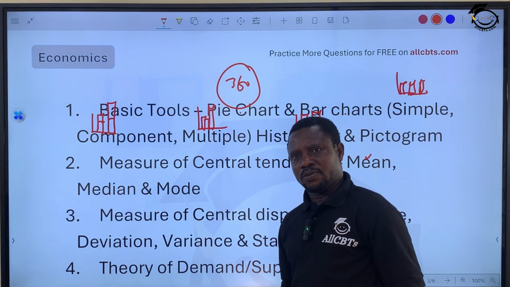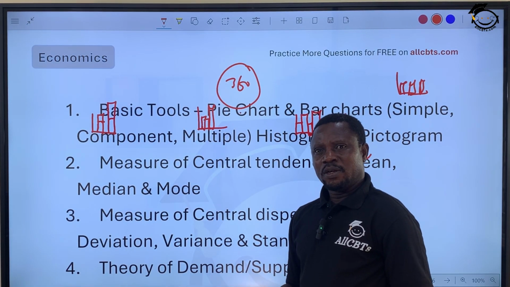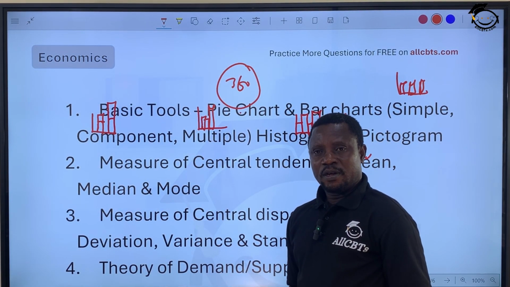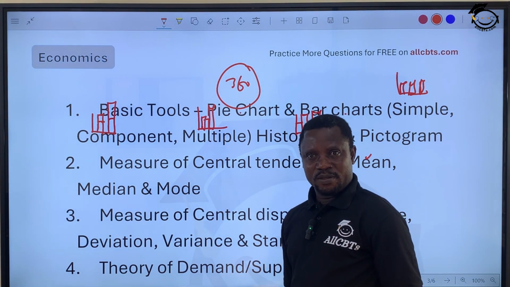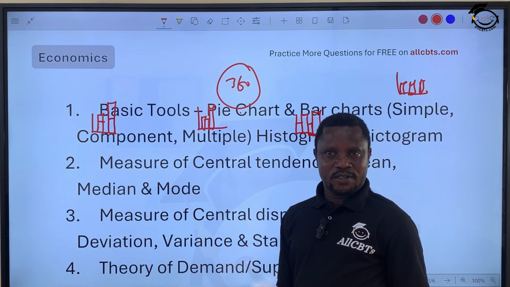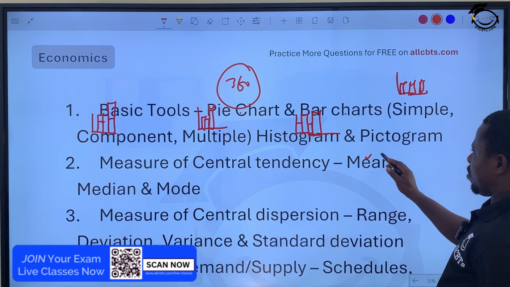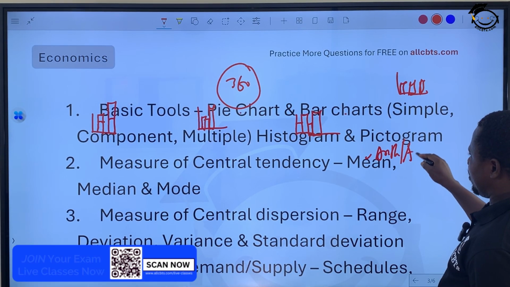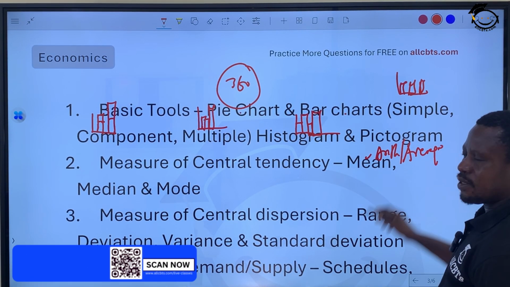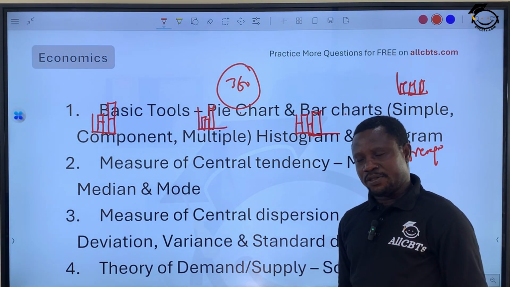They can ask you in a theory question, that's number 3 to 10, what is mean at A, and then B, what are the advantages of mean in economic statistics? So mean, or arithmetic mean, or call it average, is the total given to you divided by the number.